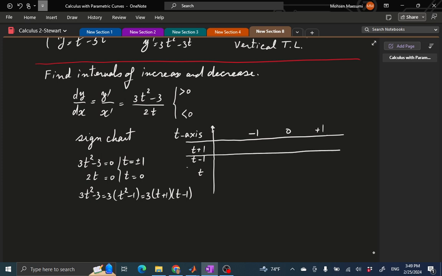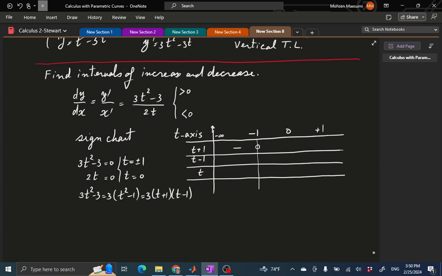So I make a row for each of these factors. Factor t plus 1 becomes 0 at minus 1. So I draw a line here, put a 0 here, and say if t is any number less than minus 1, meaning from minus 1 all the way to minus infinity, t plus 1 for any of the numbers from here to here is a negative quantity.